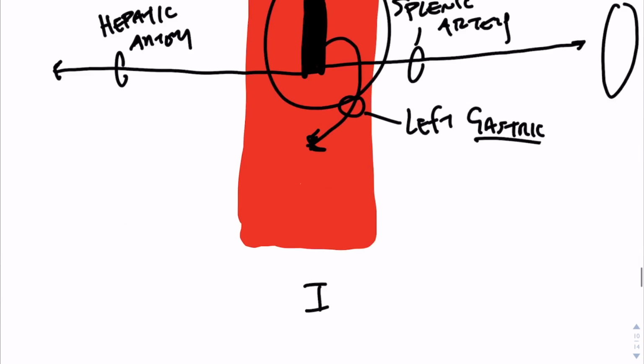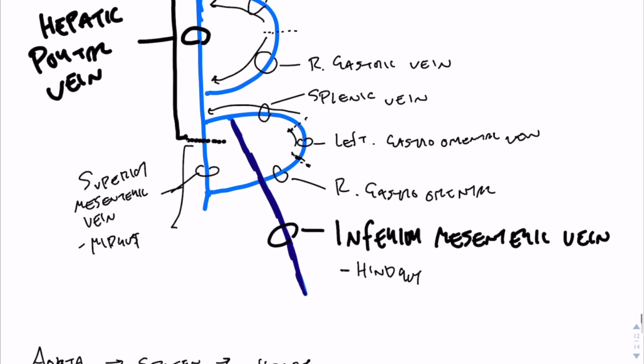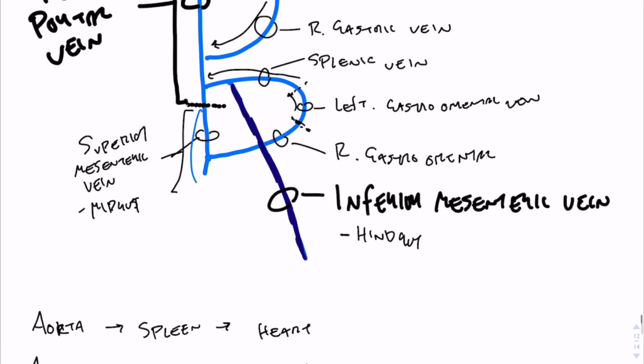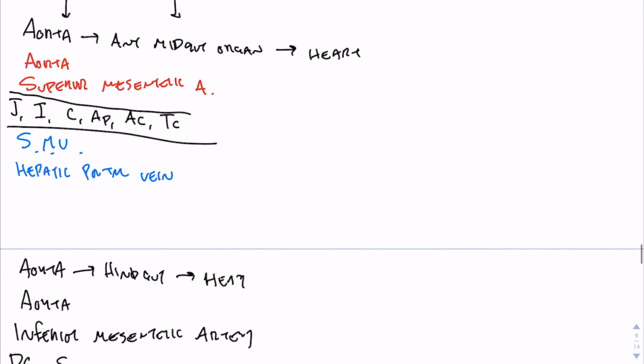So if we look at our B with the kickstand, we're looking at this area down here going up into the hepatic portal vein. So that's what we're looking at. The hepatic portal vein goes into the hepatic sinusoids, hepatic vein, inferior vena cava, right atrium. So that kind of gets repetitive there, but it's good to write that over and over so you can memorize it.